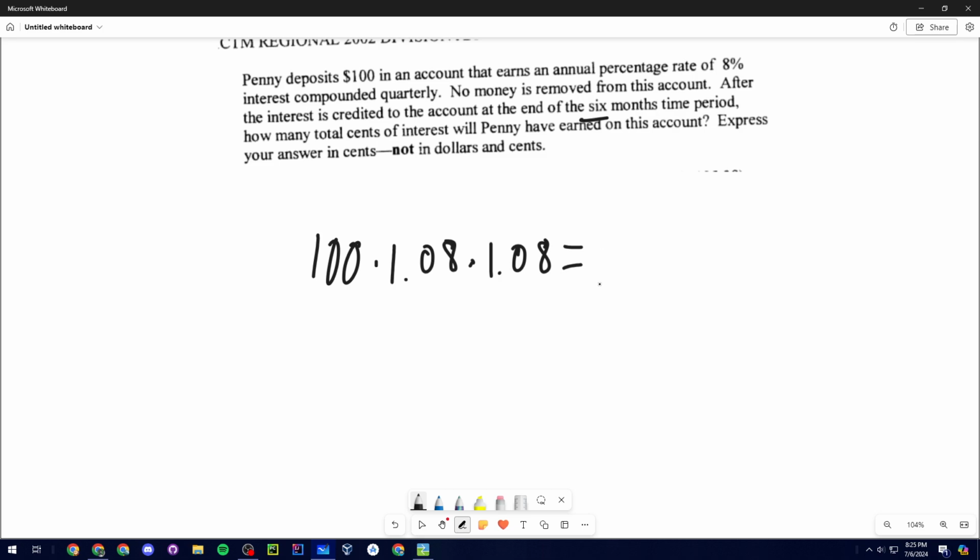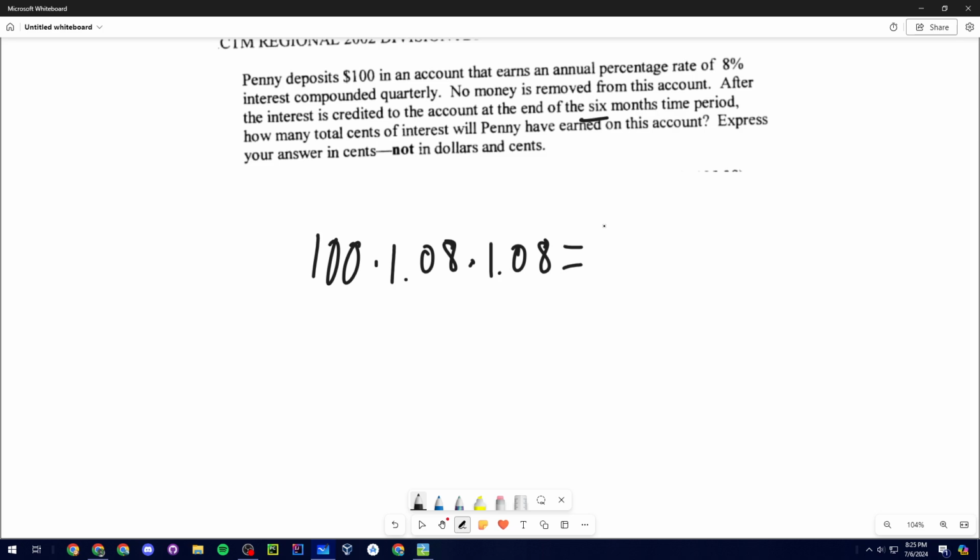Okay, and then wait, something feels wrong, because that's a lot of money. Oh, are you supposed to divide? I actually can't remember the formula. I haven't used this formula in forever.